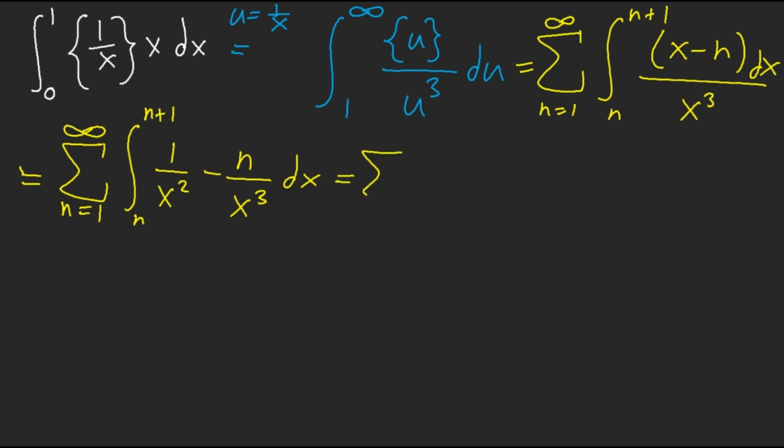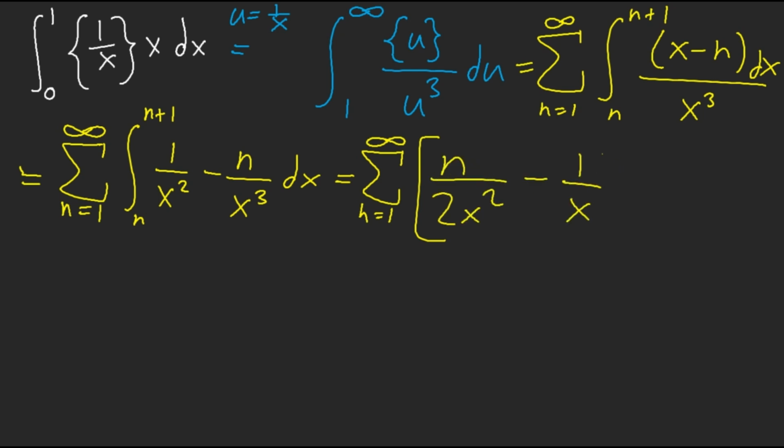So now this is when we integrate that. This is negative 1 over x. So actually, I'll go gentle. We'll start with this because this side's going to be positive. That's going to be n over 2x squared minus 1 over x, and then from n to n plus 1. So n equals 1.